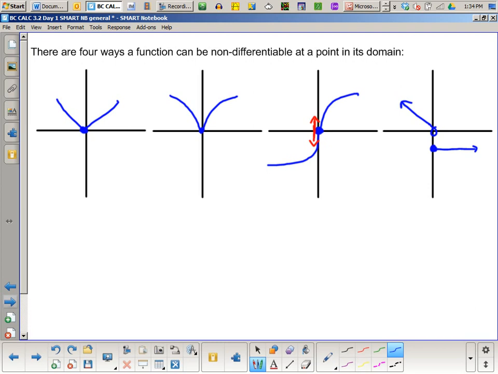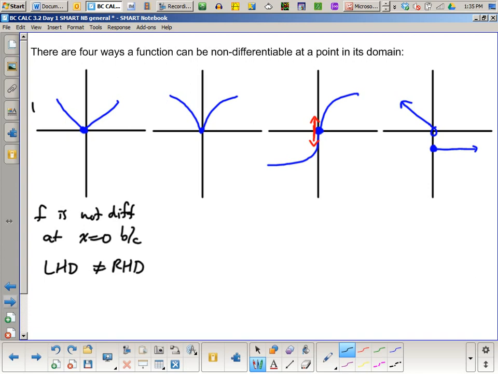Okay, so let's just go through these 4 cases and we'll write down why f is not differentiable at 0. Okay? It's for 4 different reasons. Okay, so f is not differentiable at 0 because why? Because the LHD and the RHD are not the same.